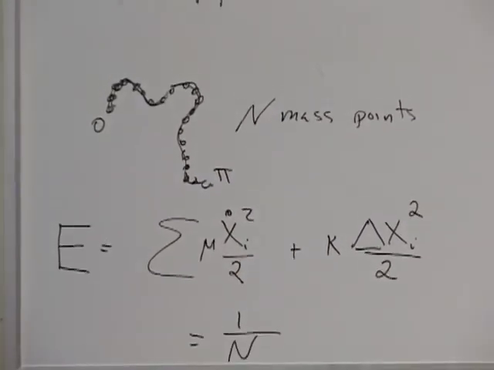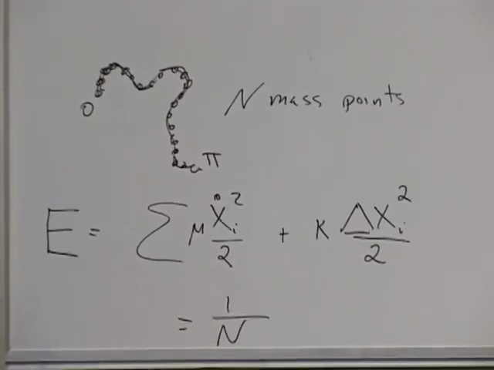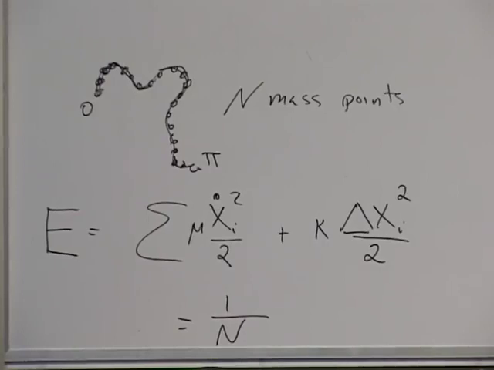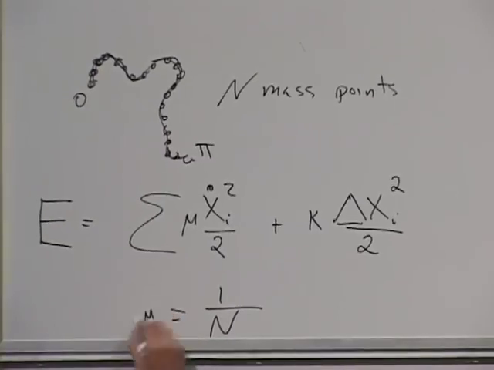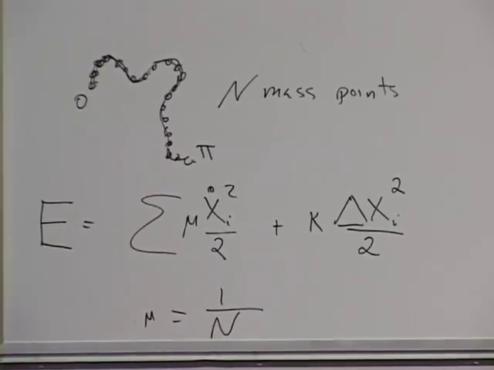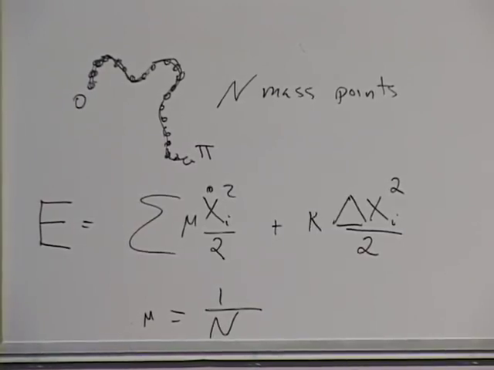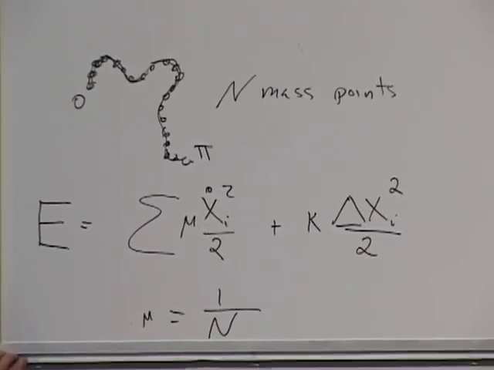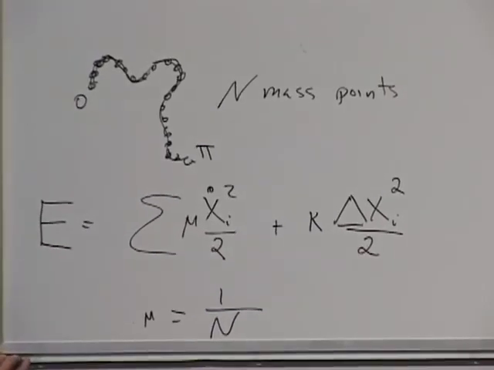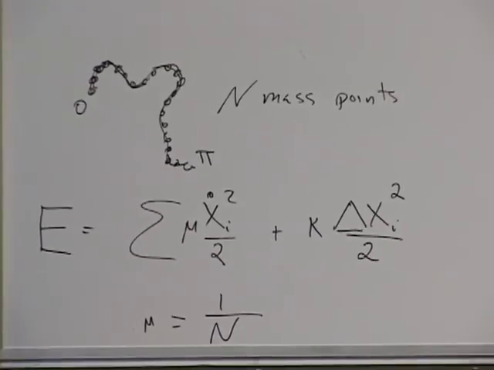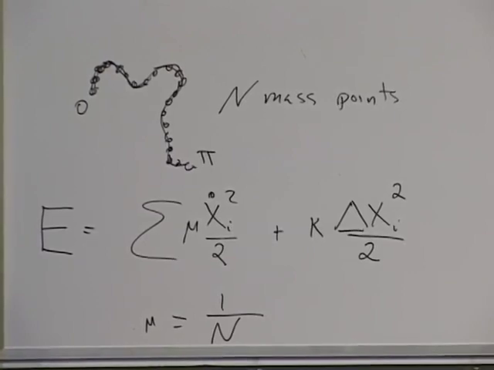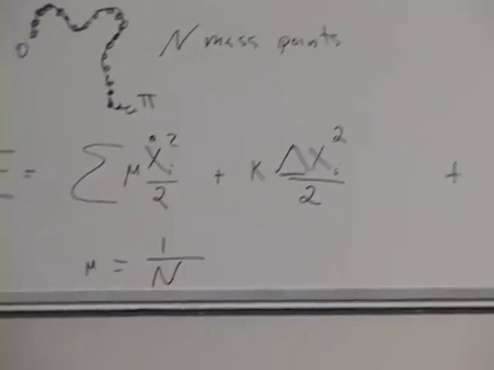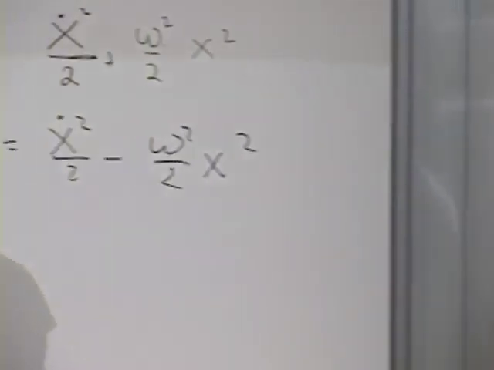Mu stands for just a parameter, and it's the analog mass. So we'll let mu be 1 over n. What would the total analog mass of the system be? 1. Okay. So this is a string with analog mass 1. Let's just leave it at that for the moment.